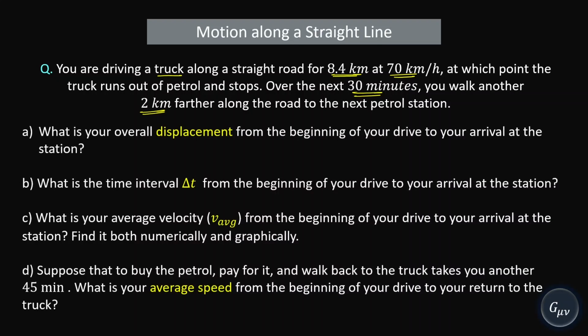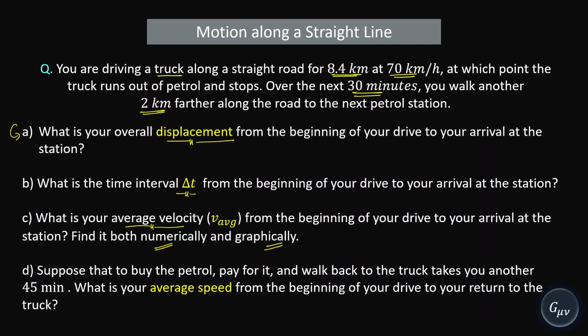A. What is your overall displacement from the beginning of your drive to your arrival at the station? B. What is the time interval delta t from the beginning of your drive to your arrival at the petrol station? C. What is your average velocity from the beginning of your drive to your arrival at the station? Find it both numerically and graphically.